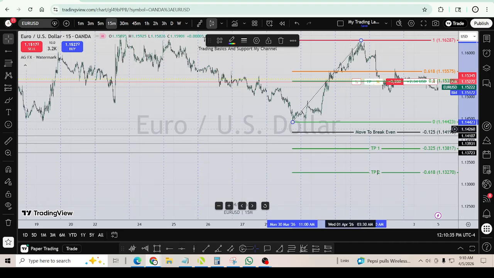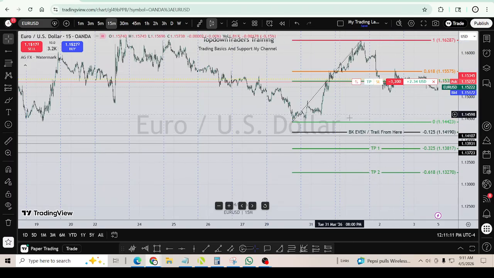Once price moves down here, I probably would move my stop to break even, and I'll put in either break even or trail from here. The point is, you can put anything you want in these areas, and you can customize the Fibonacci.